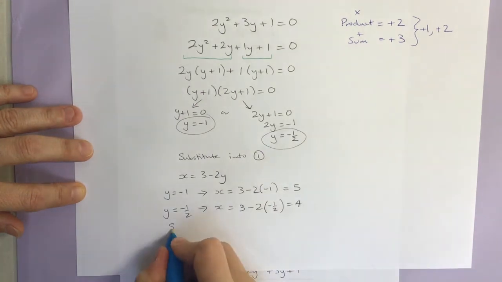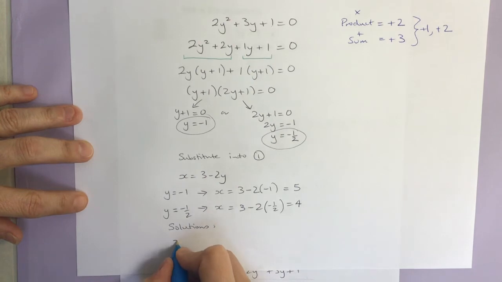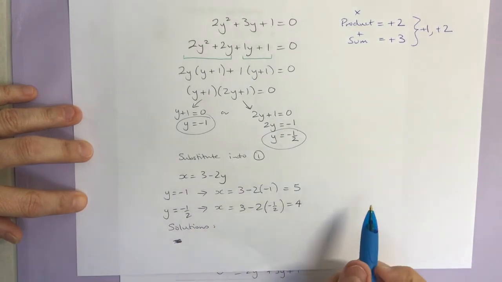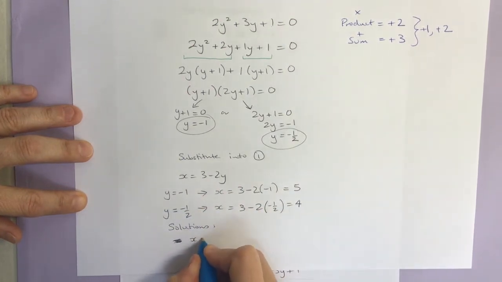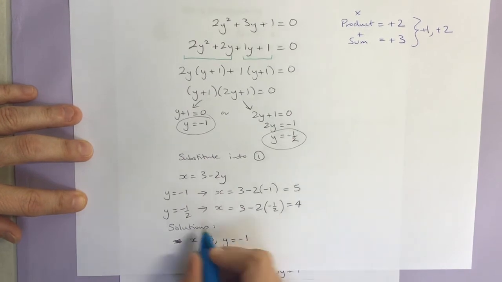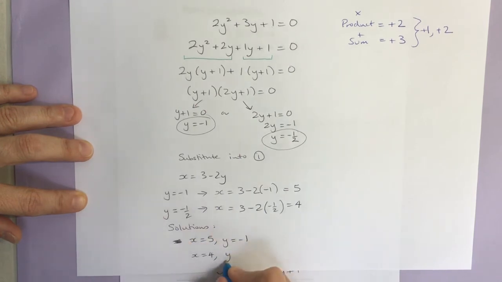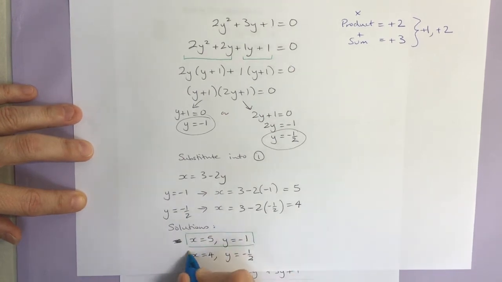So my solutions then, let's tell the examiner, my solutions are, when x is equal to 5, that was when y is equal to minus 1. And our other solutions, when x is 4, that was when y is equal to minus a half. So there's my two solutions to this equation.